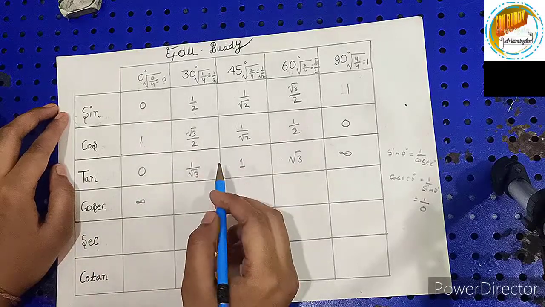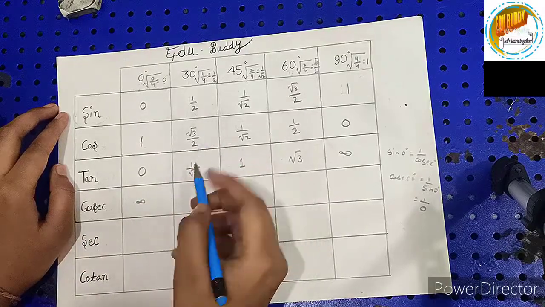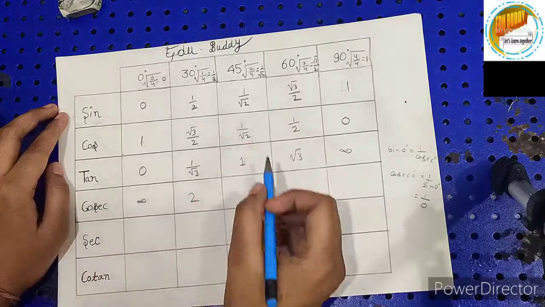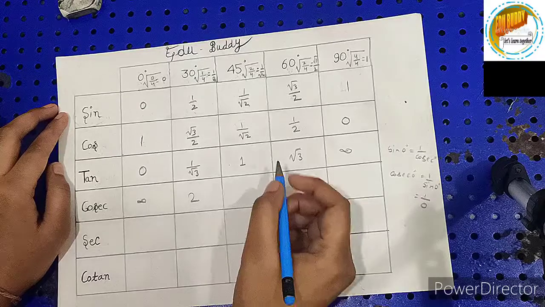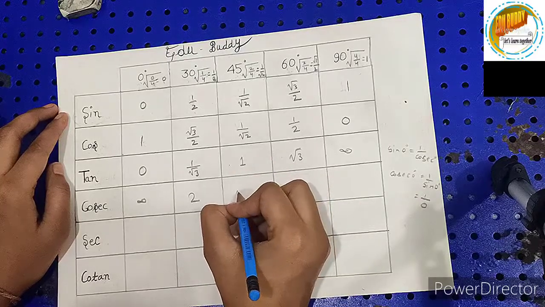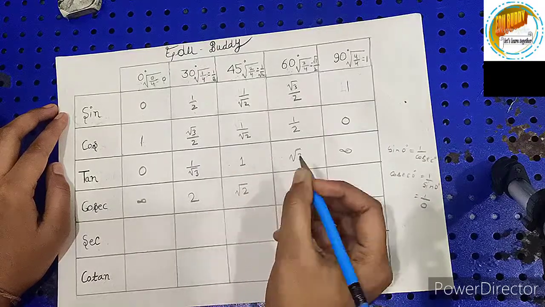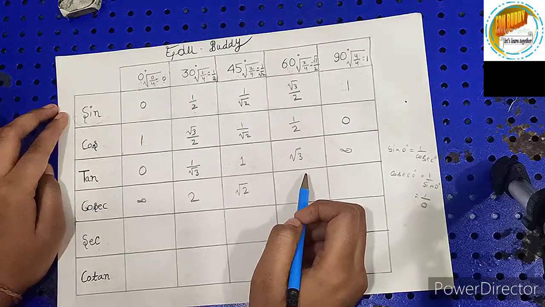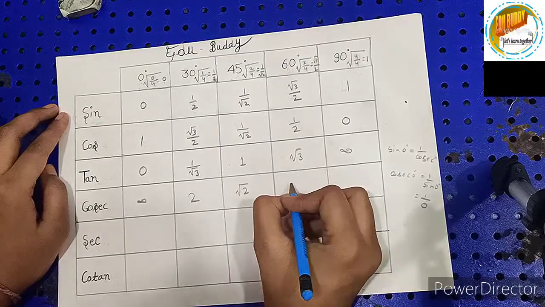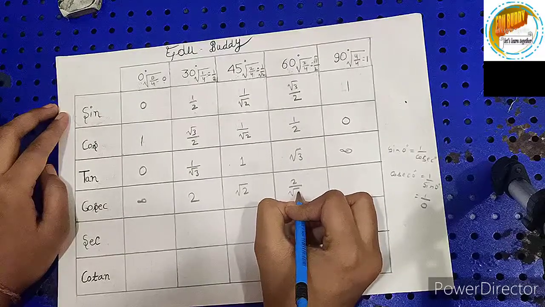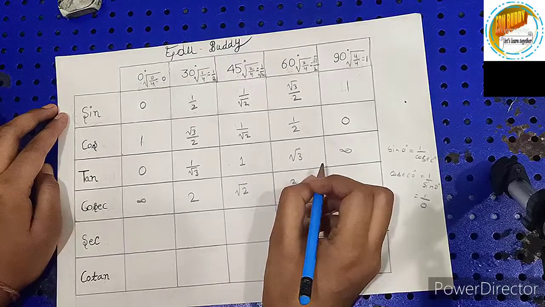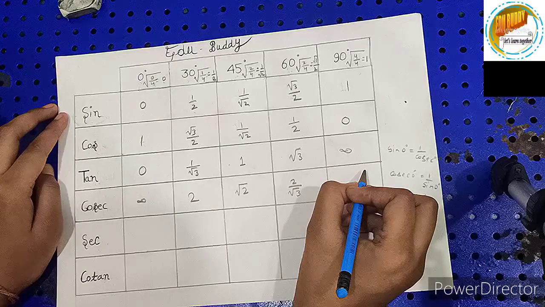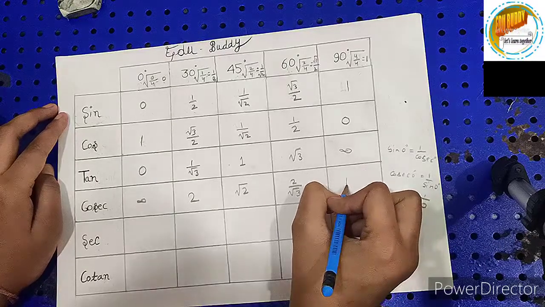Cosecant 30 degree is 1 by 1 by 2, which is 2. Now cosecant 45 degree is 1 by sine 45 degree, which is root 2. Now cosecant 60 degree is equal to 1 by sine 60 degree, which is 2 by root 3. Now cosecant 90 degree is equal to 1 upon sine 90 degree, which is 1.